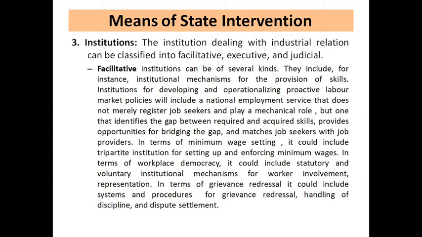In terms of minimum wage setting, it could include tripartite institutions for setting up and enforcing minimum wages. In terms of workplace democracy, it could include statutory and voluntary institutional mechanisms for worker involvement and representation. In terms of grievance redressal, it could include systems and procedures for grievance redressal, handling of discipline, and dispute settlement.